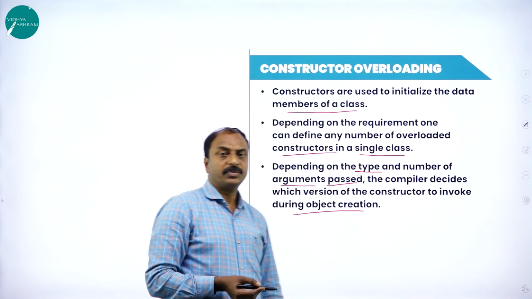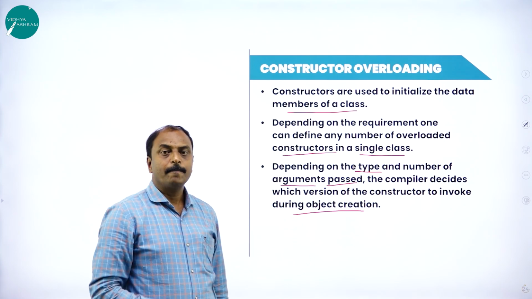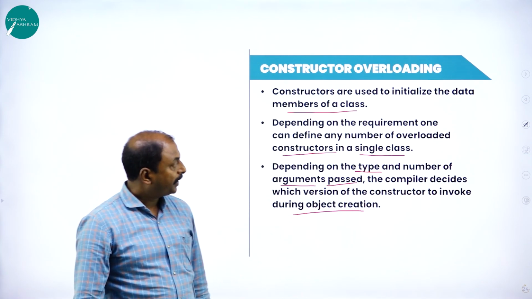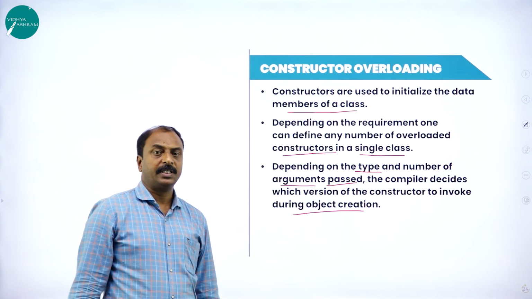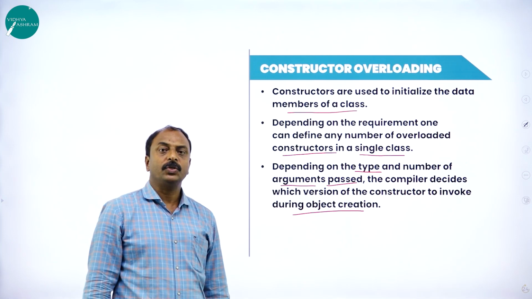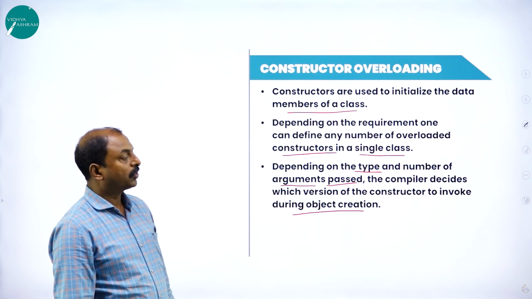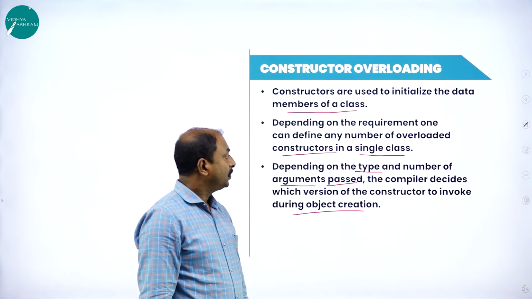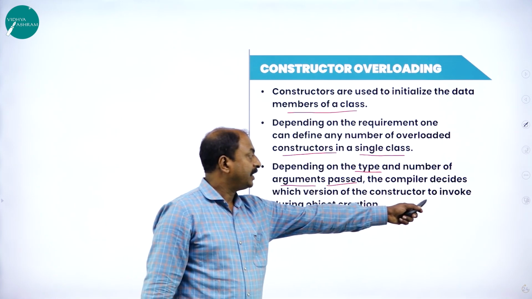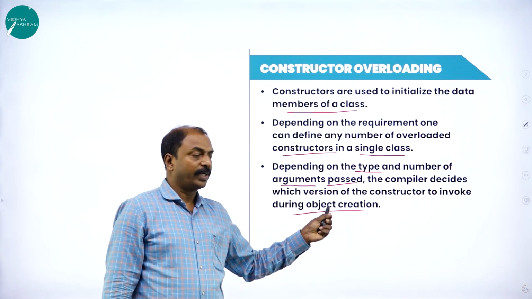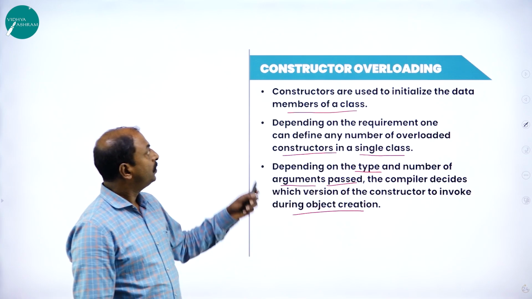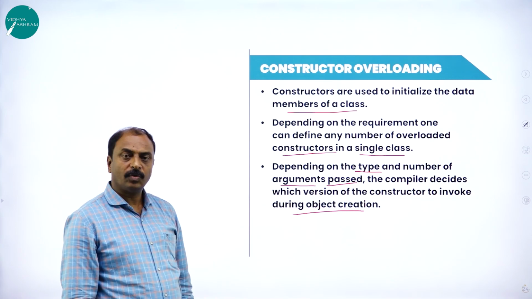This is what we have seen in our previous examples. If you use a default constructor, parameterized constructor or copy constructor in a program, we have to call them either implicitly or explicitly. So the compiler decides and invokes the particular function at the time of creation of an object. So this is constructor overloading.